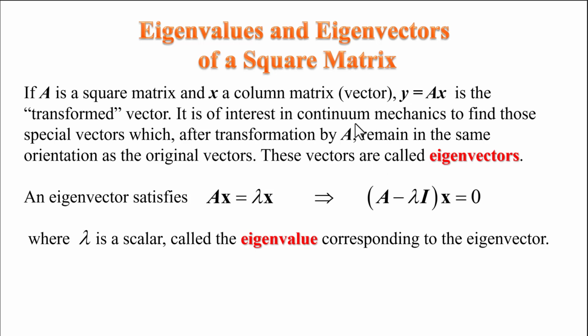And we call those special vectors eigenvectors. So an eigenvector satisfies this equation. Its transformation by A produces a new vector that is parallel to the original vector, but with usually a different length. So lambda here is a scalar. It's called the eigenvalue associated with the eigenvector.